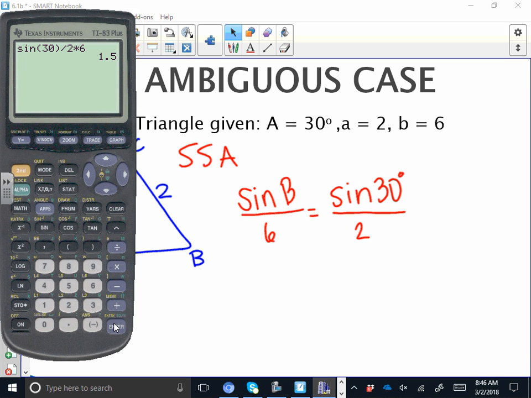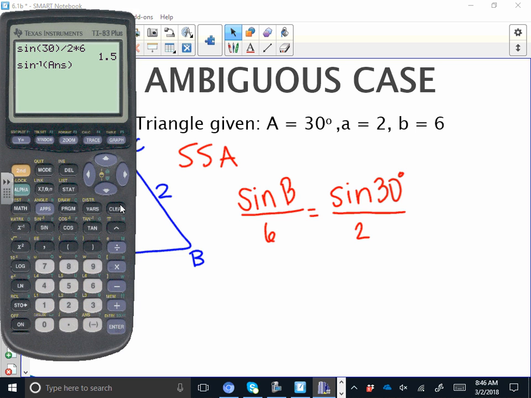Some of you notice something, some of you don't. You already know what happens, right? Okay? If you do the inverse sine of your answer, it gives you an error. Let's go back.